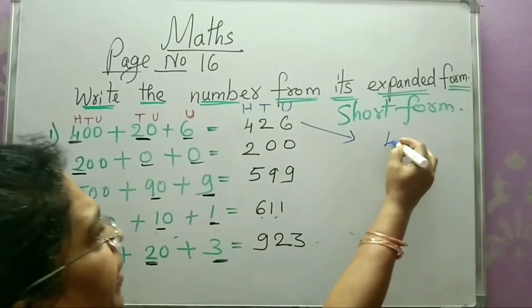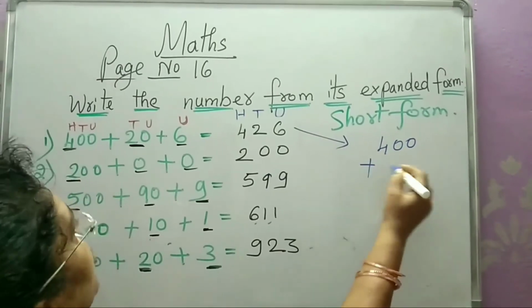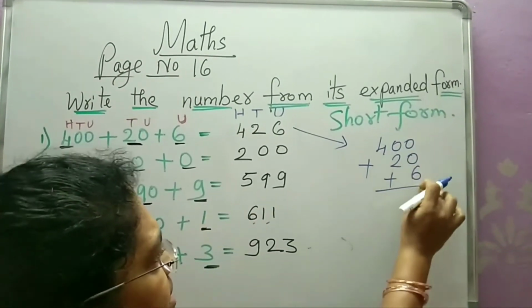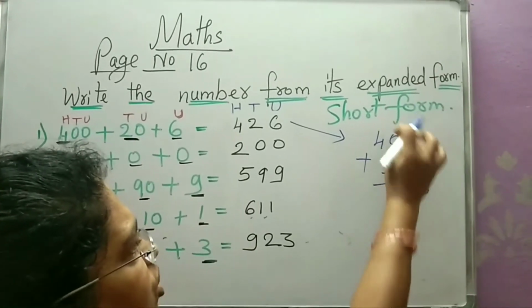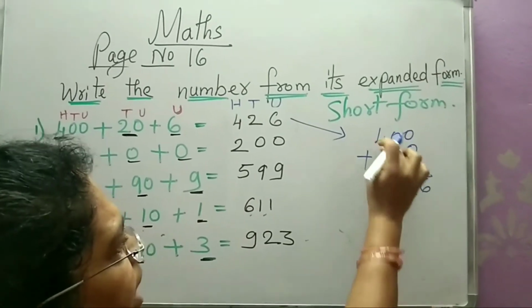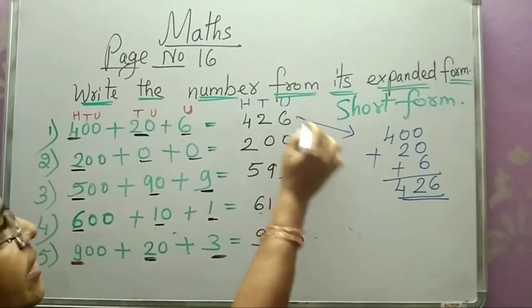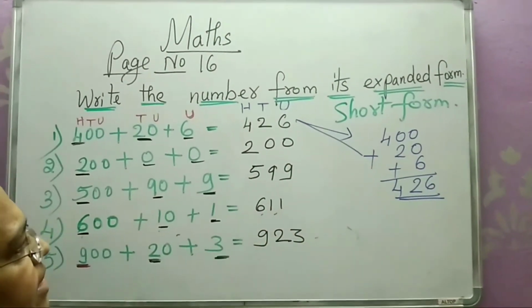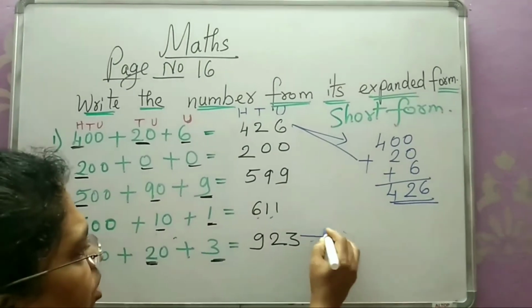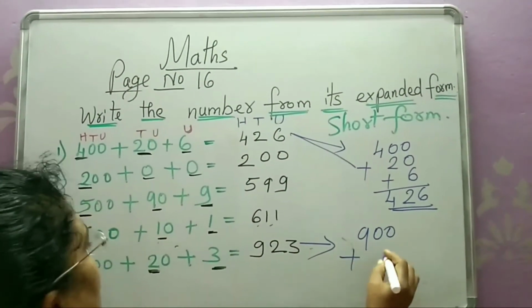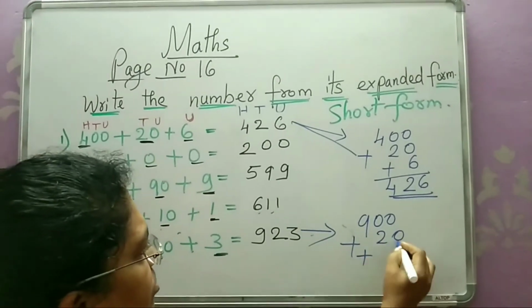Like this, 400 plus 20 plus 6. 0 plus 6, how much? 6. 0 plus 2, that is 2. And here 4, that is 426. You can add this number also. That is 900 plus 20 plus 3.